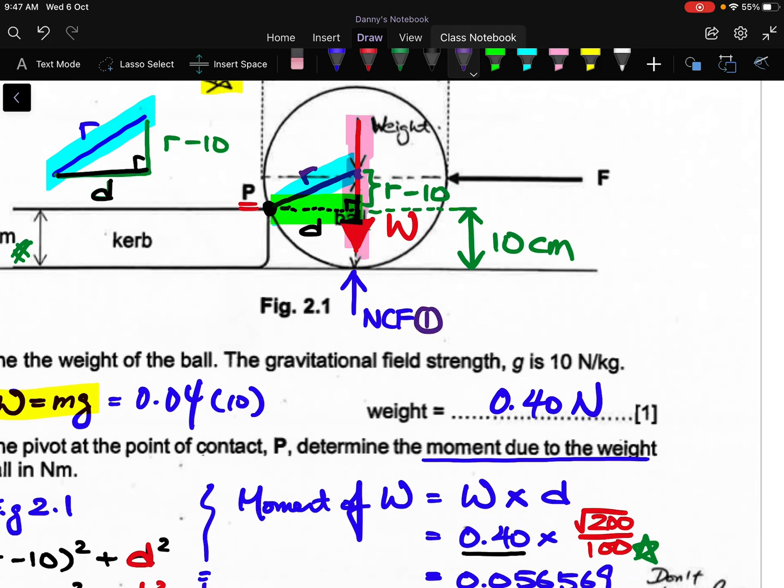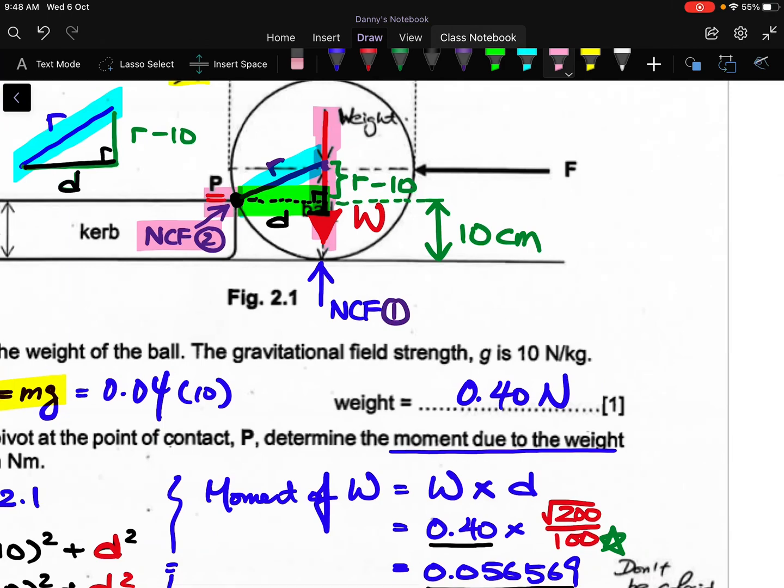Normally there will be normal contact force 1, and of course the pivot here will also have a normal contact force number 2. But because we are dealing with moment, and this normal contact force is directly on the pivot, it won't really appear in our formula. So I won't be caring about it.